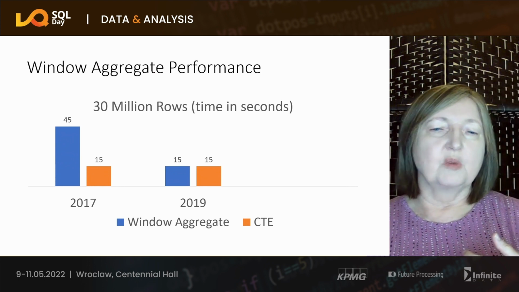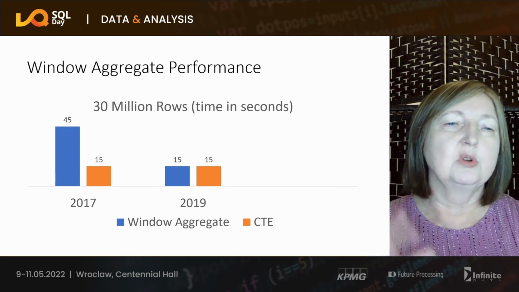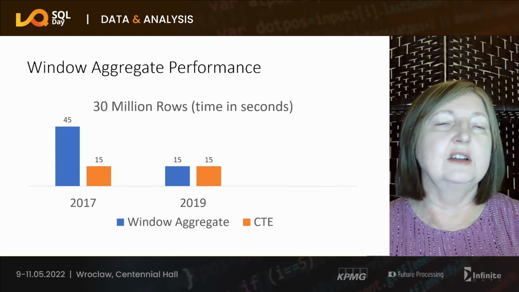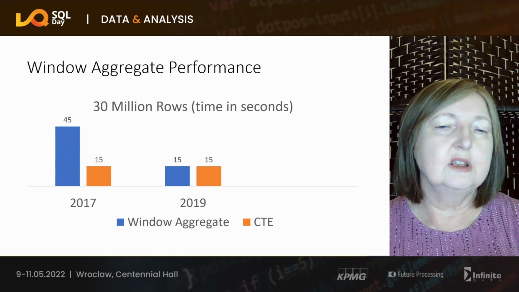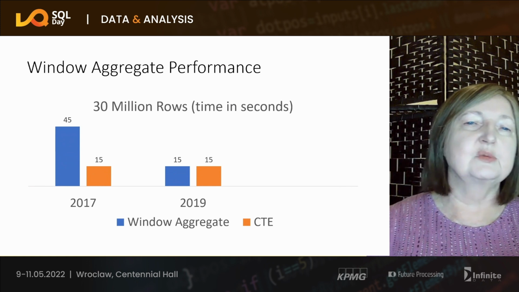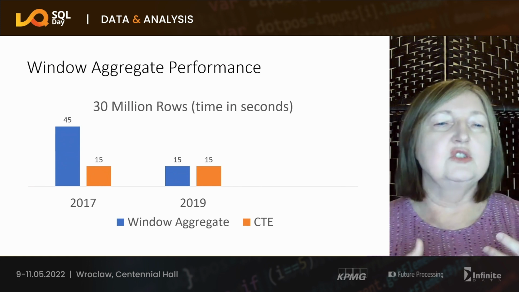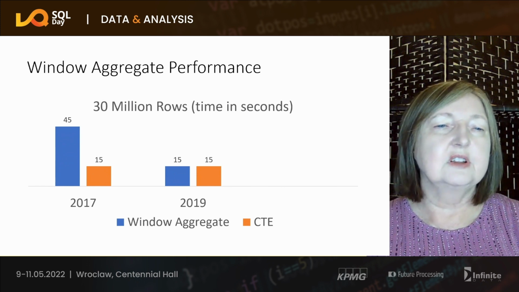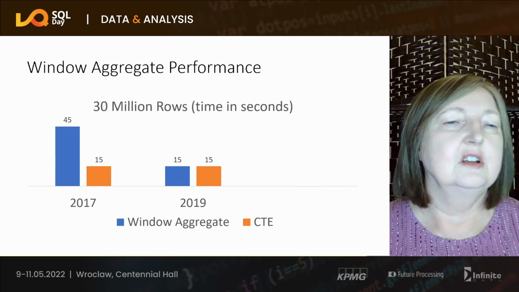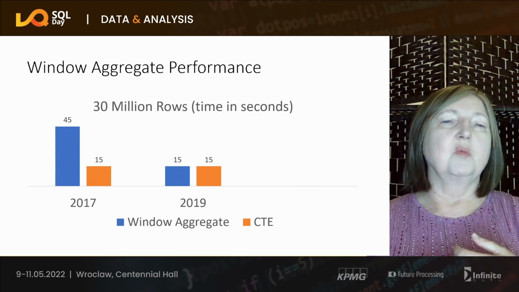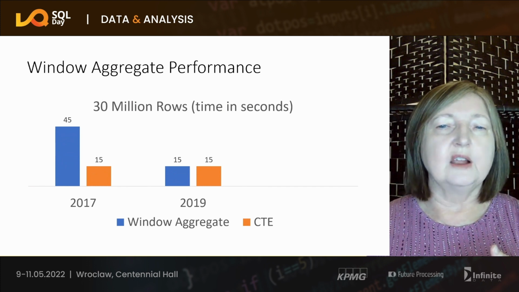So here's a situation where I wanted to look at the performance, and I looked at a table with 30 million rows. And this was the window aggregate, just like that little example I just showed you. In 2017, if I don't use that hack from ITSEC, running a window aggregate took 45 seconds.